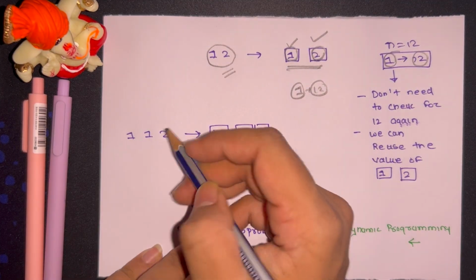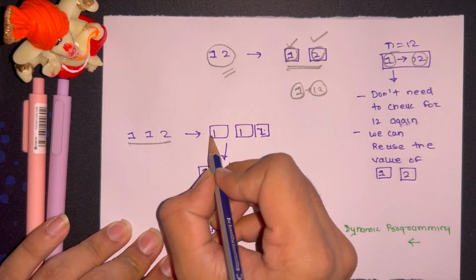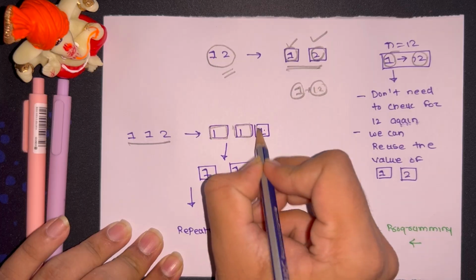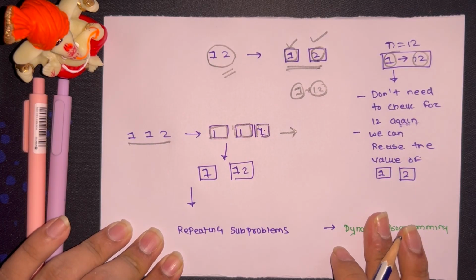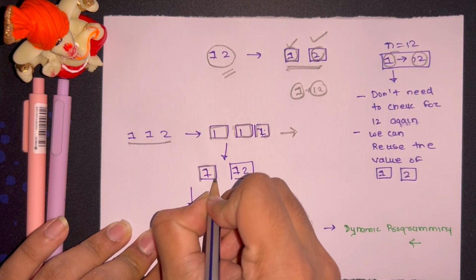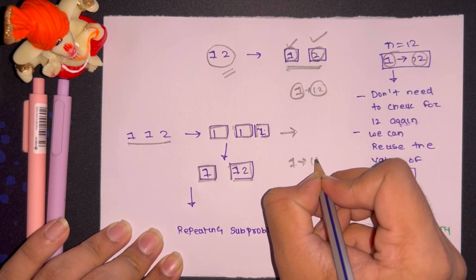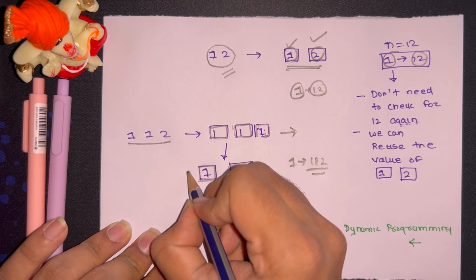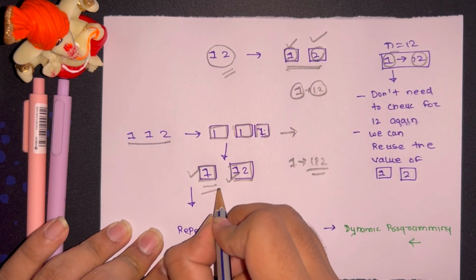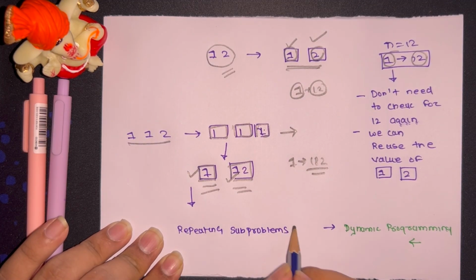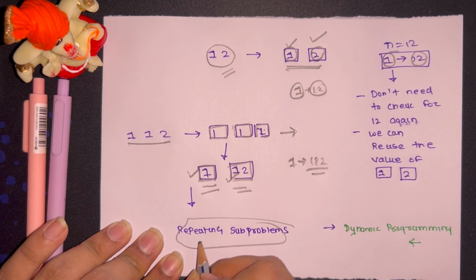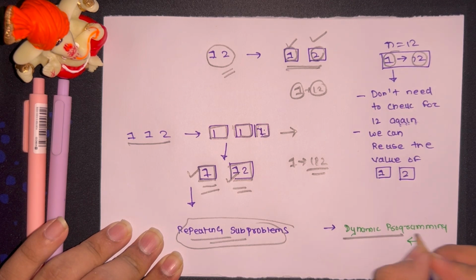Similarly, for 112 we can break it as 1, 1 and 2 and check if the digits are valid, but you can also break it as 1 and 12. When iterating from 1 to 112, you have already calculated 1 and 12, whether they are valid or not. Hence these are repeating subproblems, and when we have repeating subproblems, we think dynamic programming.